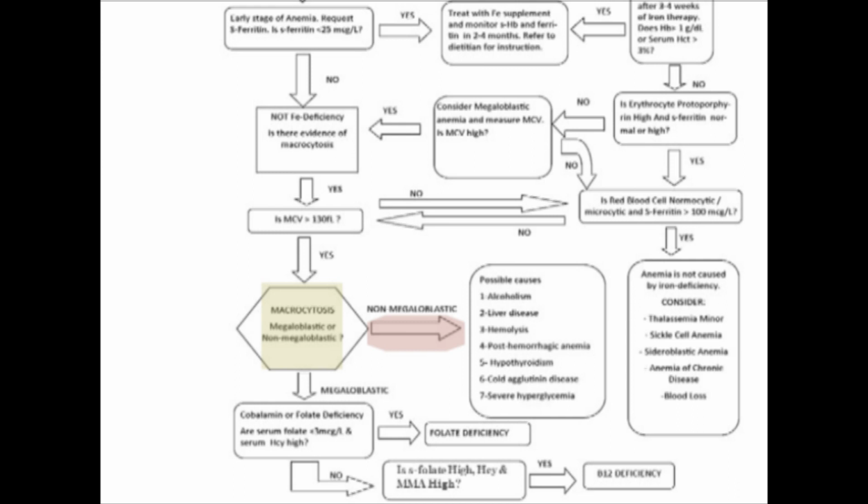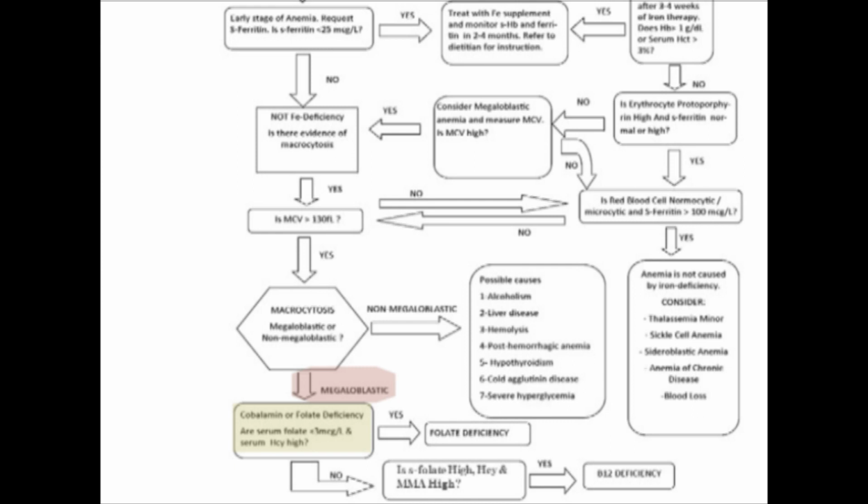If we say it's non-megaloblastic, then we're looking at non-nutritional causes such as alcoholism, liver disease, and others as indicated in this box. However, if the answer is yes, it is megaloblastic, then we have to consider the box right under there. So at this point, we're asking the question: is it cobalamin deficiency or is it folate deficiency?